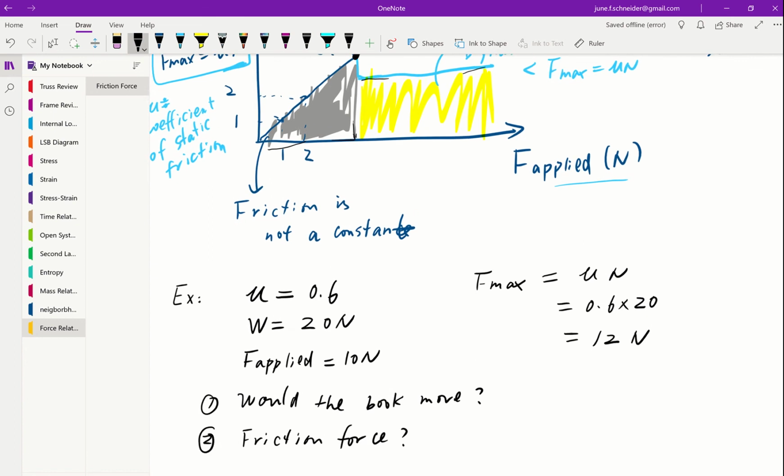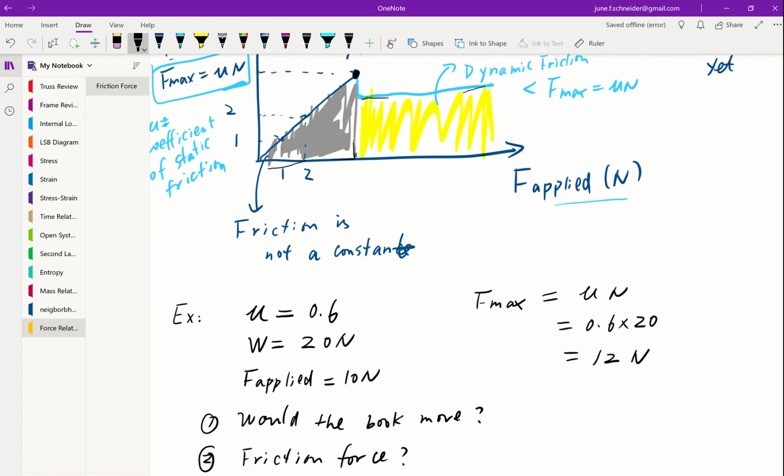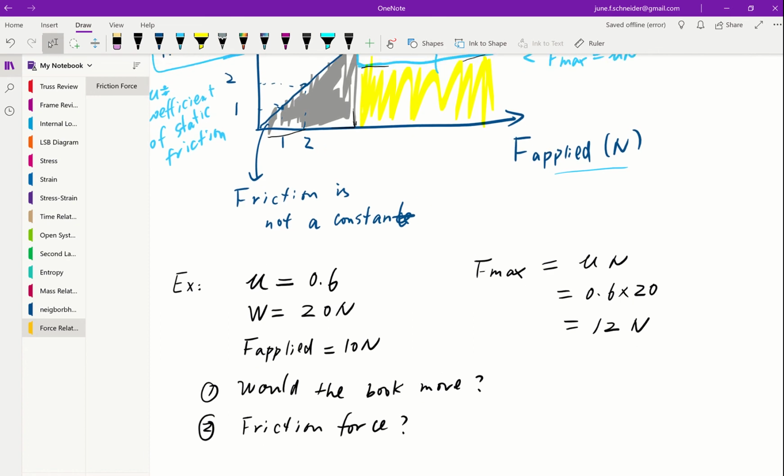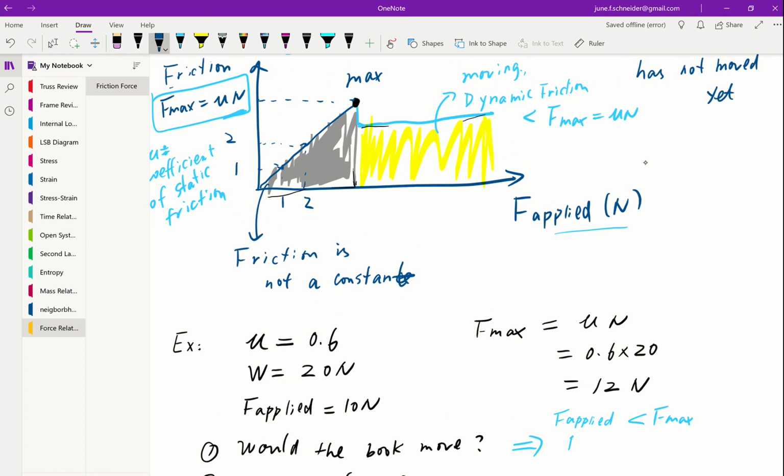But what's our applied force at that point? Our applied force is only 10 Newton. If it's only at 10 Newton, what does that mean? Which means this book has not moved yet. This F applied is less than maximum. So it's still in this region, right? Because our applied force is right here.